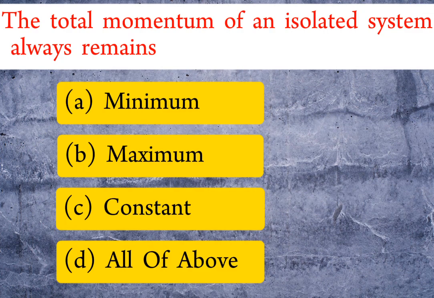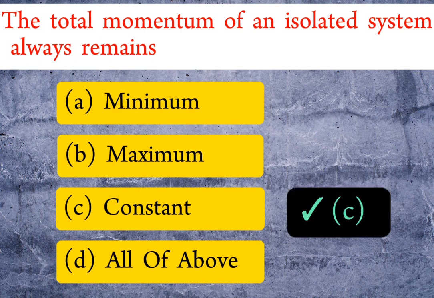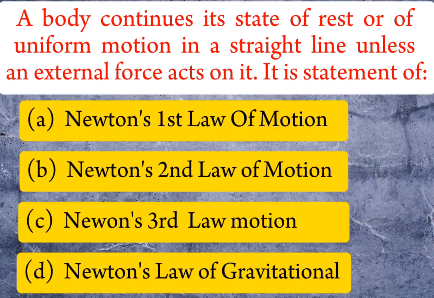The total momentum of an isolated system always remains: A) minimum, B) maximum, C) constant, D) all of above. A body continues its state of rest or of uniform motion in a straight line unless an external force acts on it.